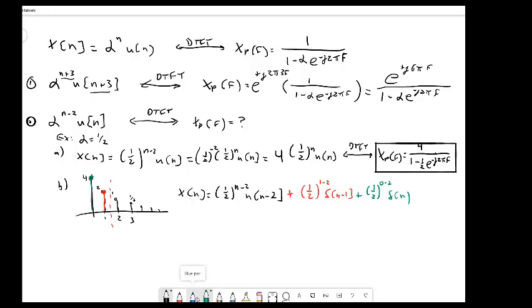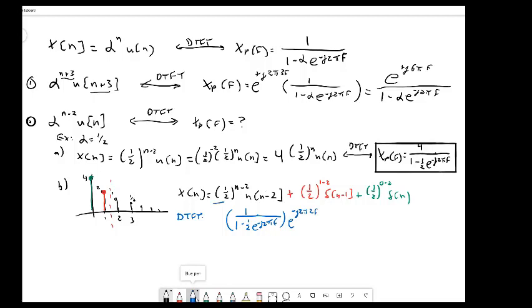And now we could Fourier transform each of these individually and combine them together, where this one gives us our 1 over 1 minus 1/2 e to the minus j 2 pi f, with a time shift term, e to the minus j 2 pi times 2f.